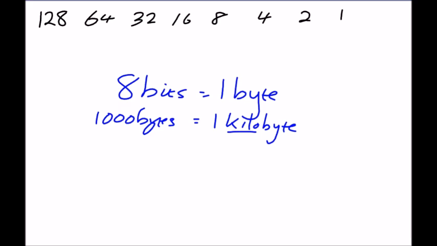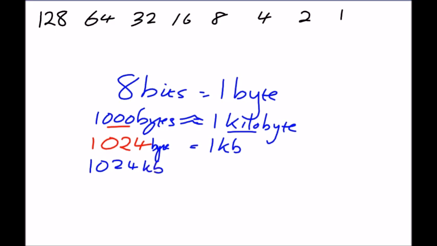This 1,000 is in fact in computing 1,024 bytes. So maybe I should say at this point that that is about 1 kilobyte, 1,000 bytes. But 1,024 bytes equals 1 kilobyte, 1 KB. And then 1,024 KB equals 1 megabyte, and then from there we go on to gigabytes, terabytes, and all the others, petabytes, yottabytes, and so on.